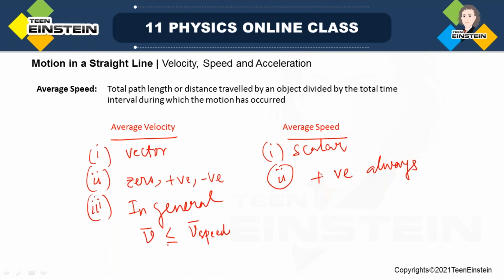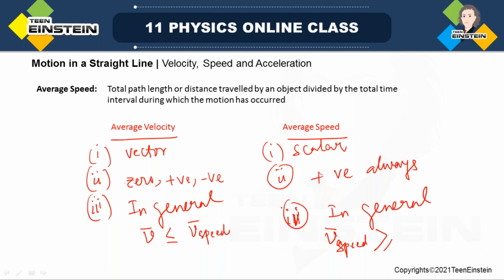Average speed in general is greater than or equal to the average velocity, where equal will be in uniform and straight line motion without any turn.